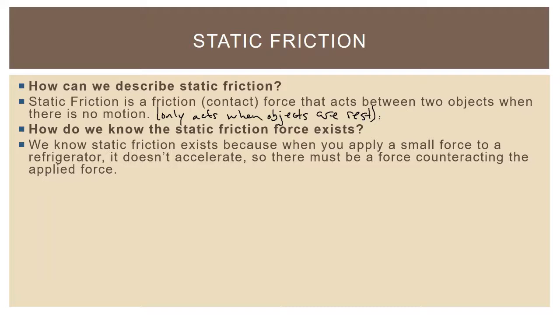On a frictionless surface, if you applied the tiniest little force to a super heavy object like a refrigerator, it would start to move. Now, according to Newton's second law, it would move really, really slowly, but it would move. And so when you pull on something really heavy, it doesn't move right away. We know that there must be a static friction force, which is counteracting the applied force. That's very important.